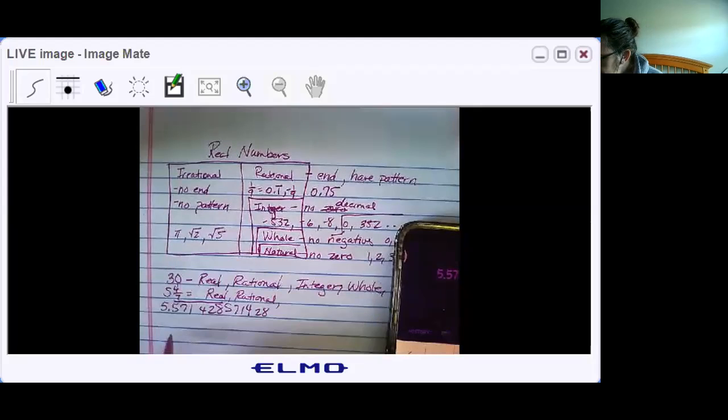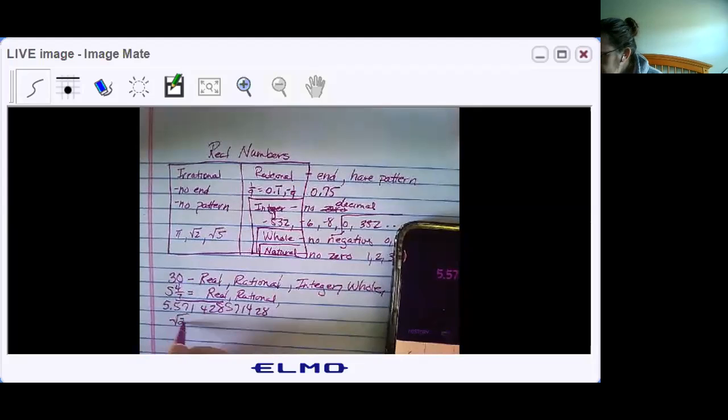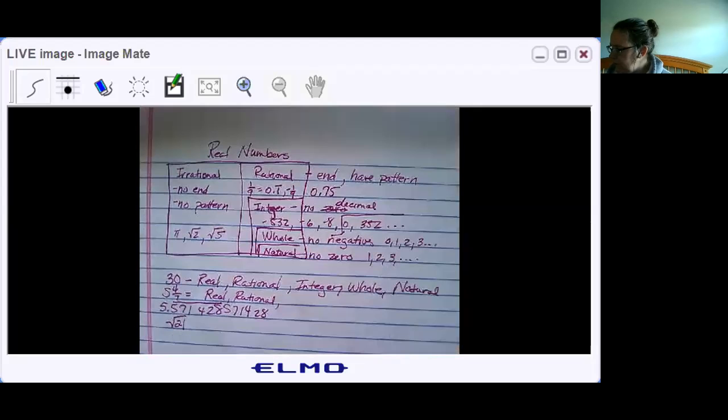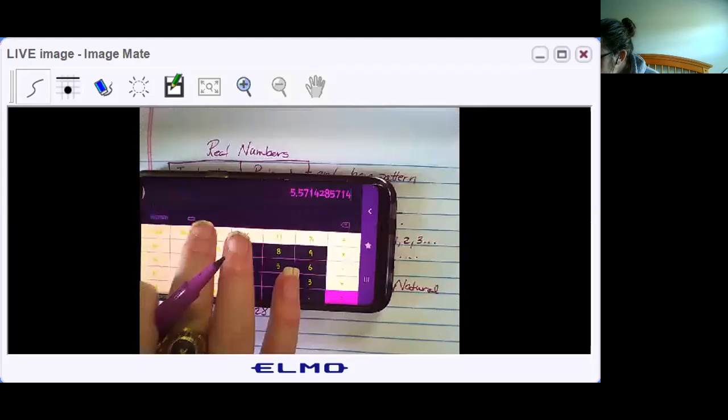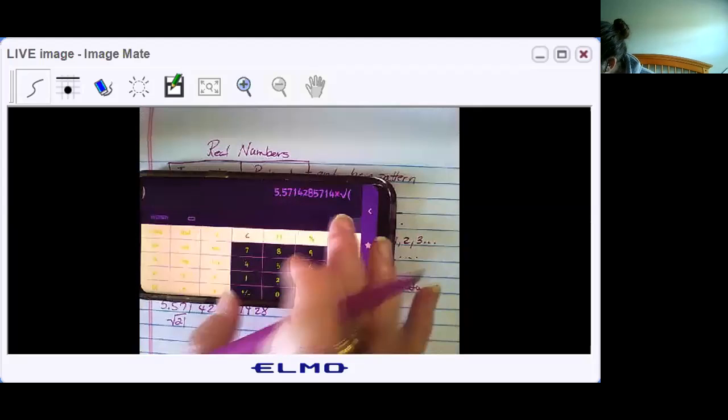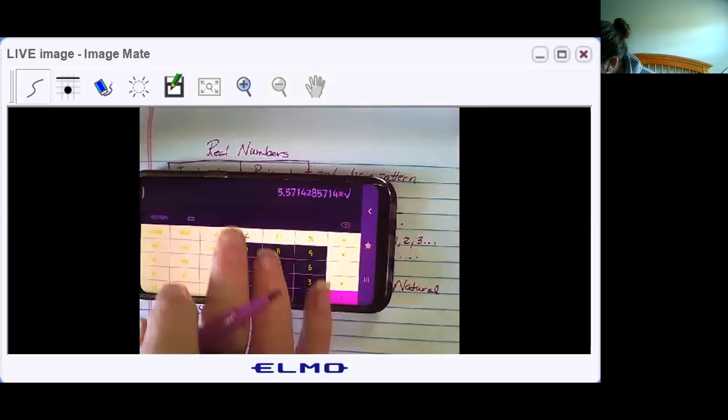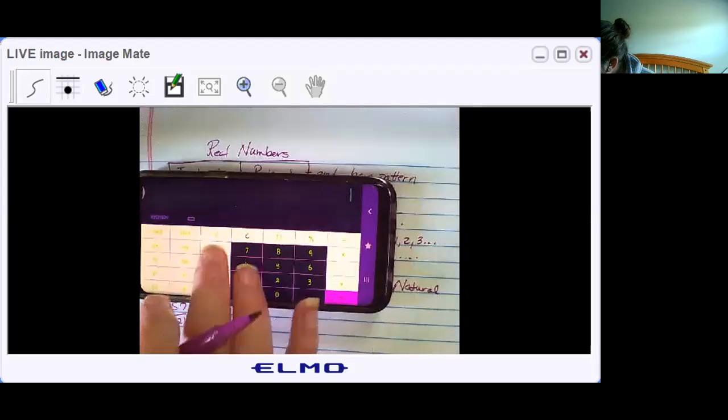Now the next number I'm going to do is the square root of 21. Turn my calculator the other way. So I have the square root, let's clear this out. The square root of 21.